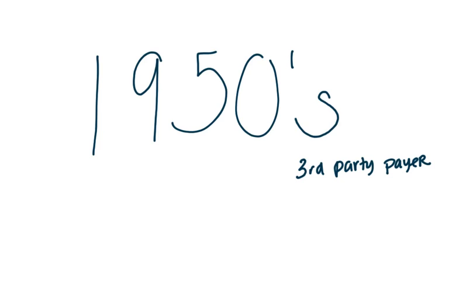And so when we have a third party payer, that means we have the patient that pays their premium to the insurance provider. And that insurance or third party payer then pays the physician.